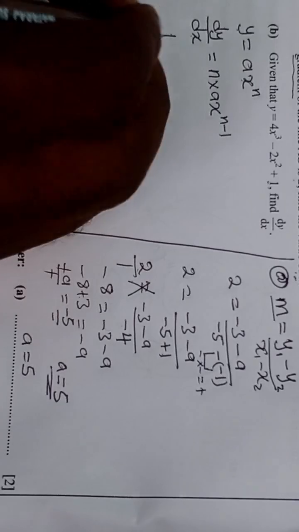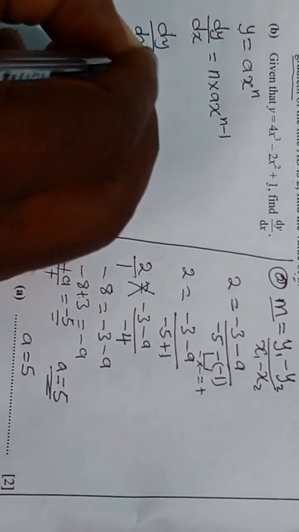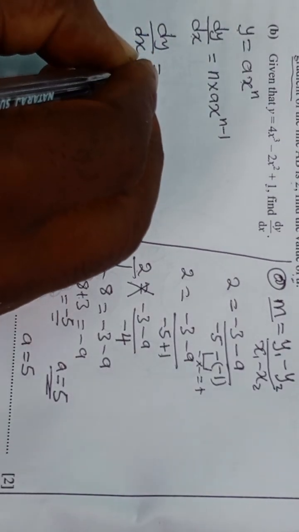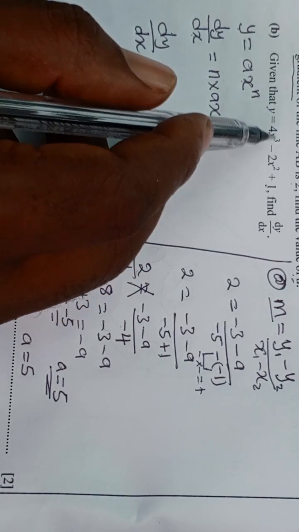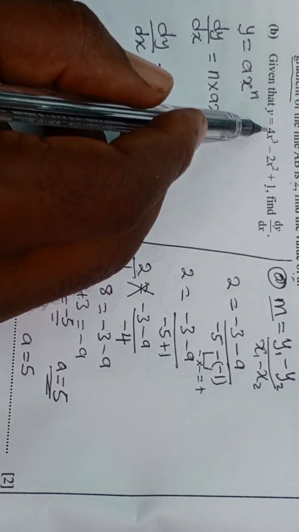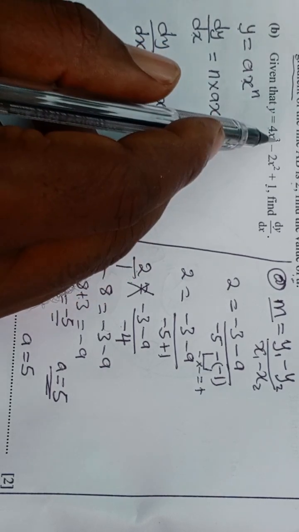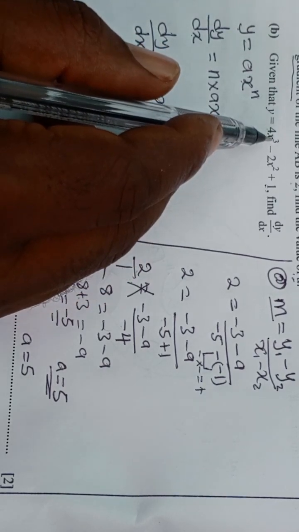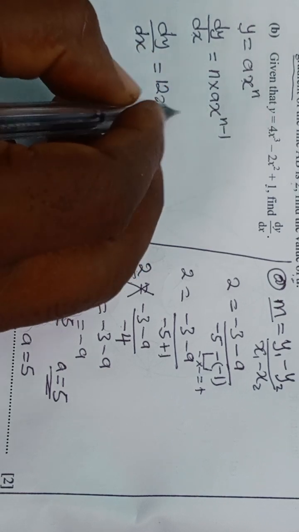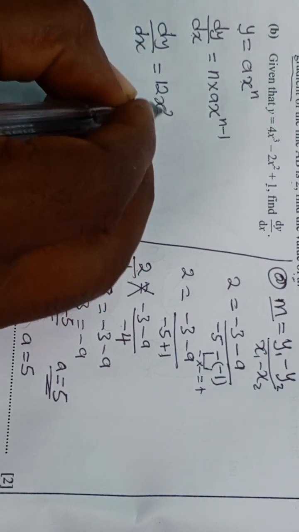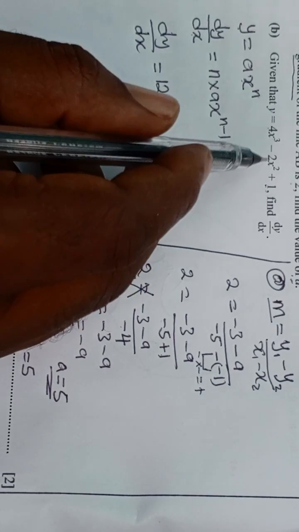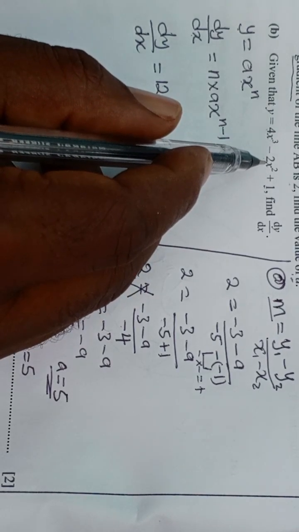So in this case, we'll say dy/dx equals 3 times 4, which is 12. Then you reduce the power by 1, so 3 minus 1, it is a 2. You do the same here. We are differentiating with respect to x.